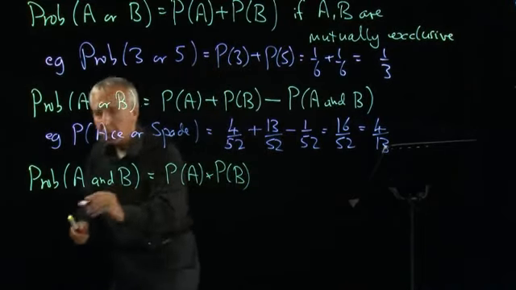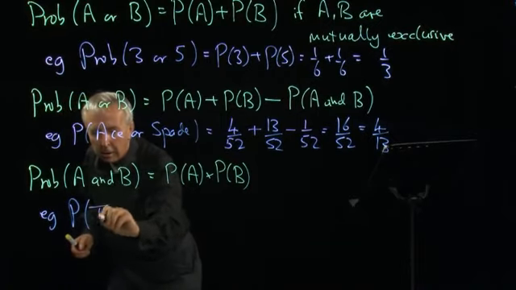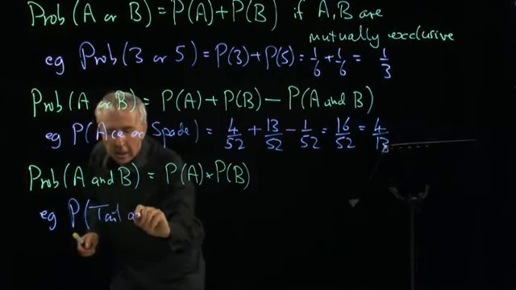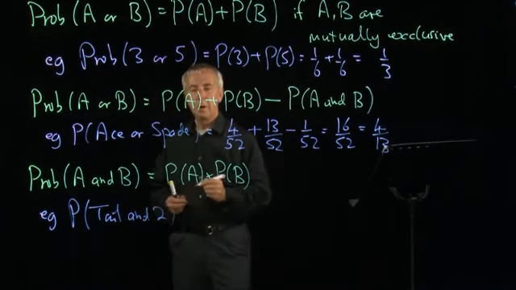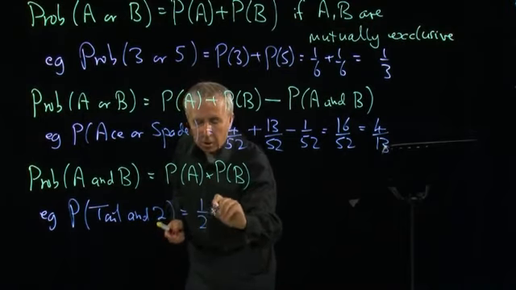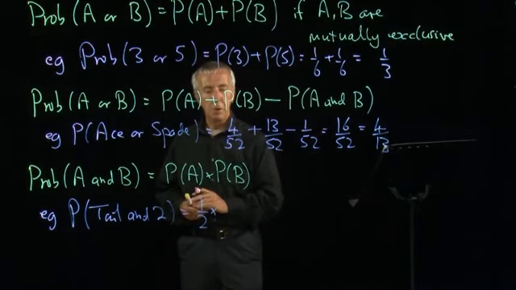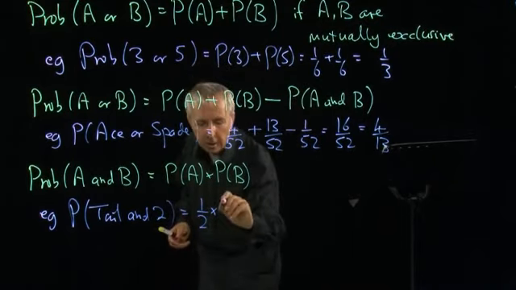What's the probability of getting a tail and a 2? Well, the chance of a tail is a half, and the chance of getting a 2 when I roll a dice is 1 out of 6, just like these probabilities up here.